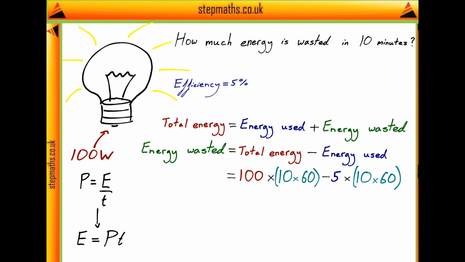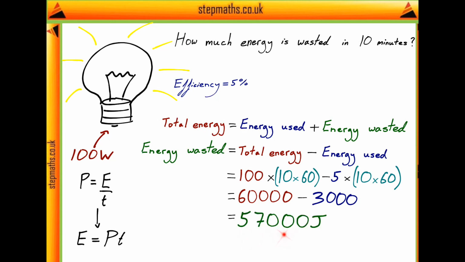With some quick multiplication, we find that this is equal to 60,000 minus 3,000, giving a final answer of 57,000 joules. Therefore, this corresponds to answer E.